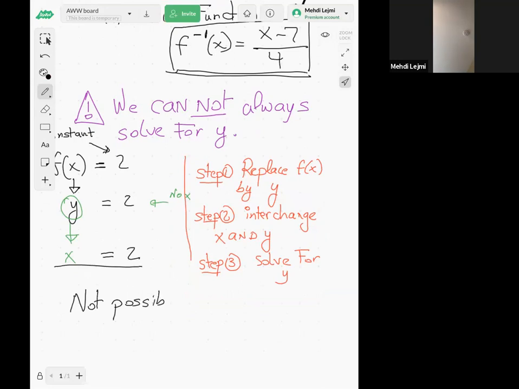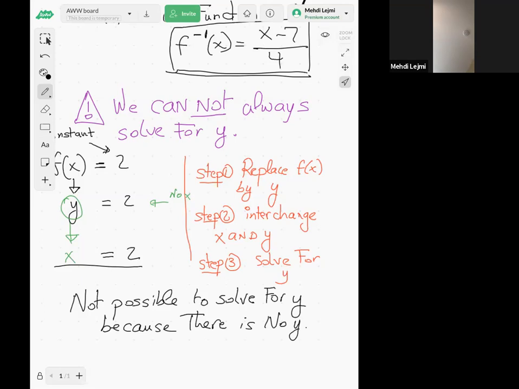It's not possible to solve for y for the simple reason that there is no y to solve for. So you see, this is an example where you cannot really solve for y.